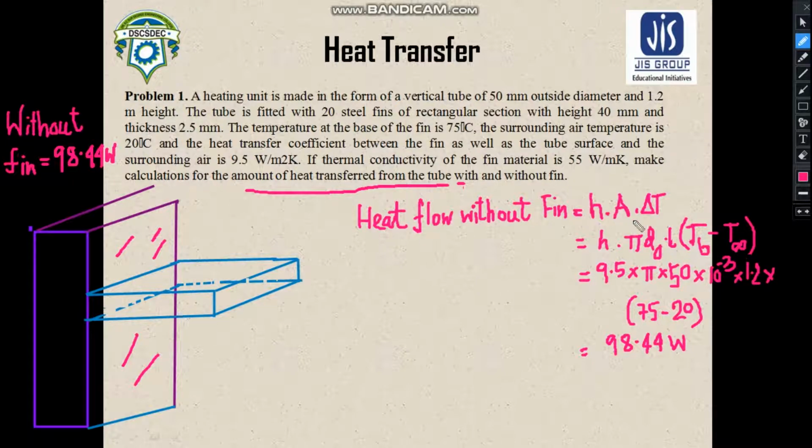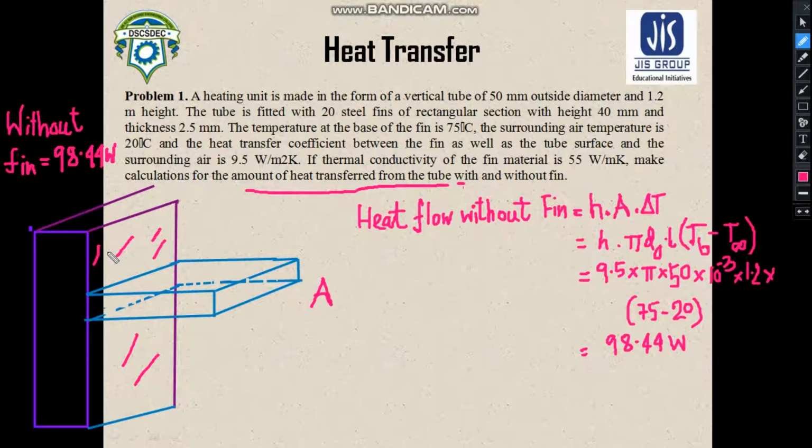We know the formula of convection heat transfer according to Newton's law of cooling, and that is h into A into delta T. So this was your base. That means the base was maintained at a temperature of 75 degrees Celsius. So 75 minus 20, T_b minus T infinity. h is given as 9.5, so we put 9.5.